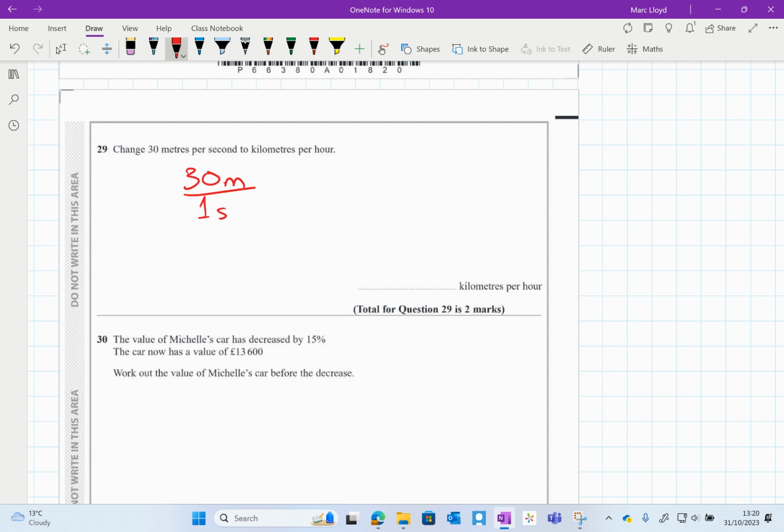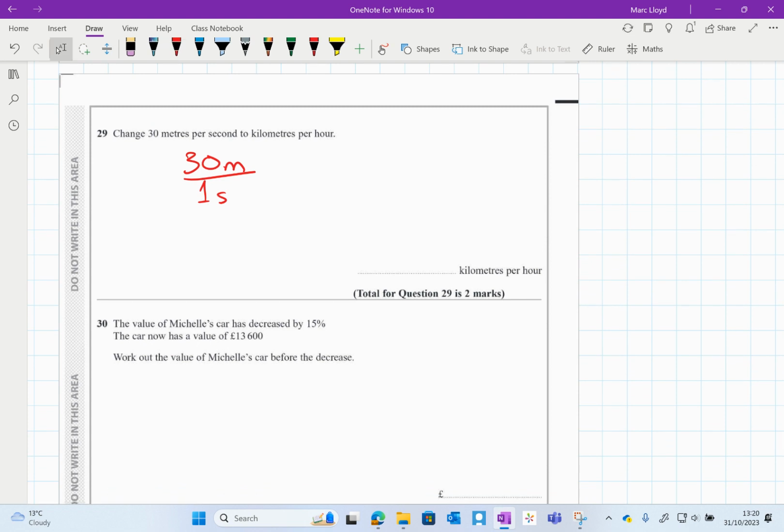Okay, I've done a lot of this in mechanics. So that is 0.03 kilometres. And that is, it's basically, if it's 1 out of 60 seconds, that's a minute.